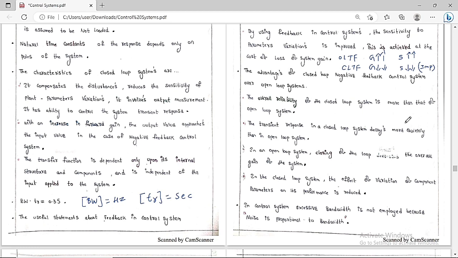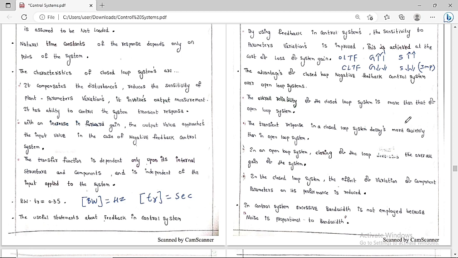The transient response in a closed loop system decays more quickly than in an open loop system. In an open loop system, closing of the loop decreases the overall gain of the system. In the closed loop system, the effect of variation of the component parameters on its performance is reduced.